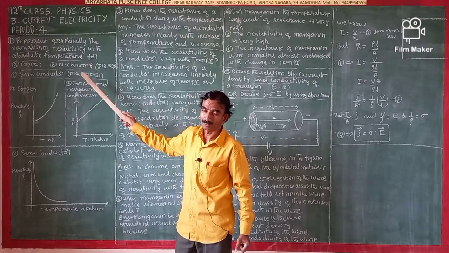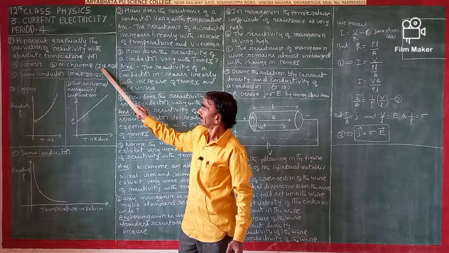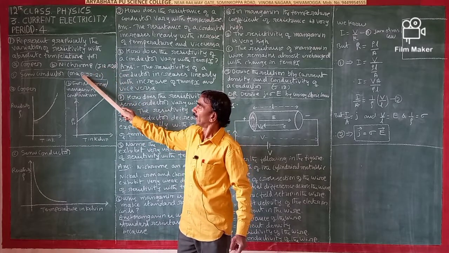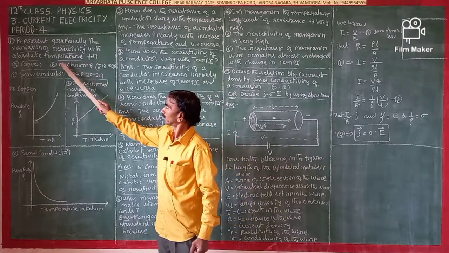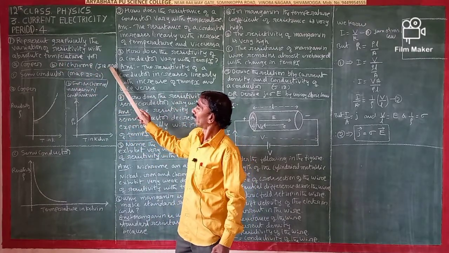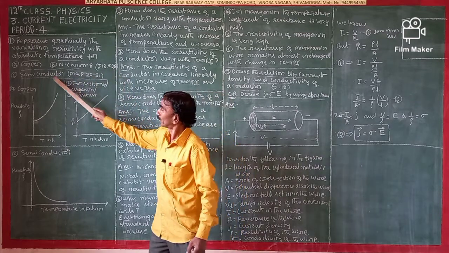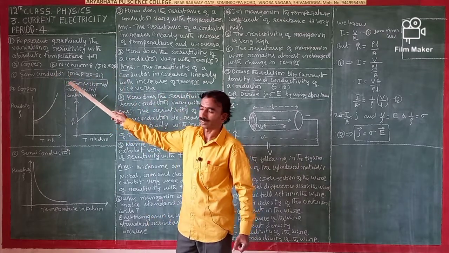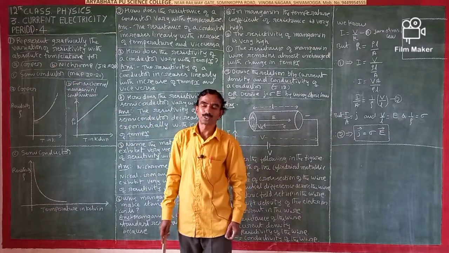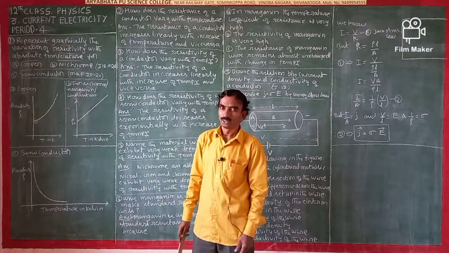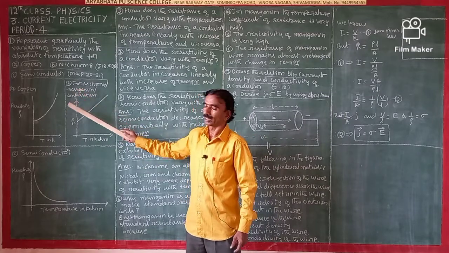It is repeated several times: July 18th, March 20th and the model question paper 2021. These two questions are in July 18th and March 20th, but this question for semiconductor is in the model question paper. Very important question, so you must learn this.